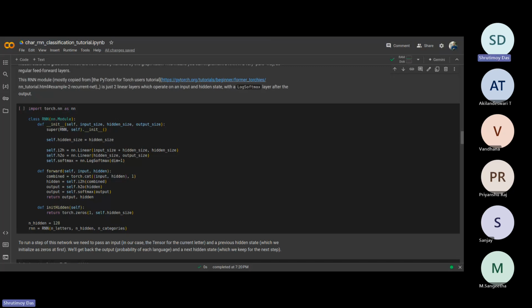Okay, it seems the diagram is not clear. Okay, let me show you.